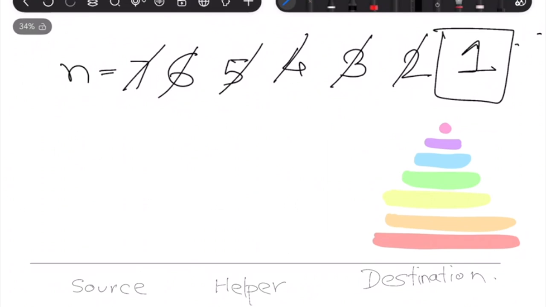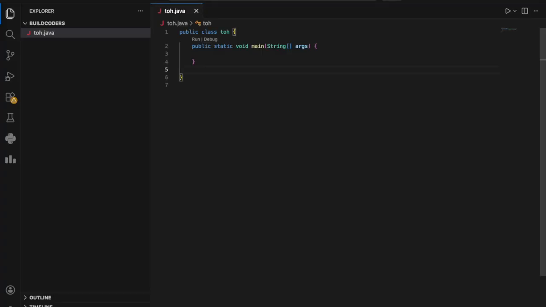Now, let's try to code this. Now, let's implement our logic. By now, you must have understood that this is a question of recursion, as we have broken the problem into subproblems and have also identified the base case.